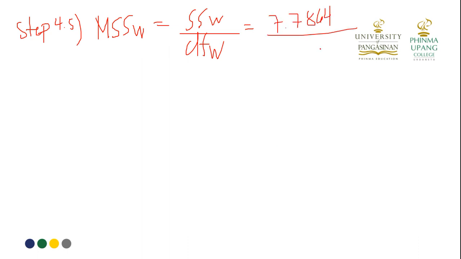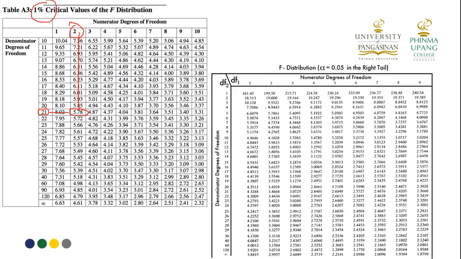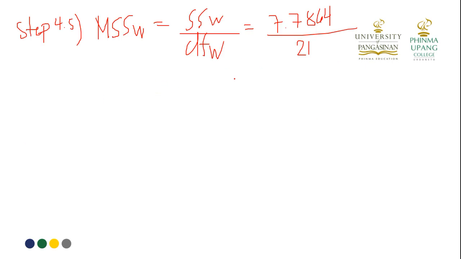Is it 3 or is it 2 or 21? 21 po. Yung 21 galing po yan sa DFW. Next. So, ilan yung sagot dito? 0.3708.